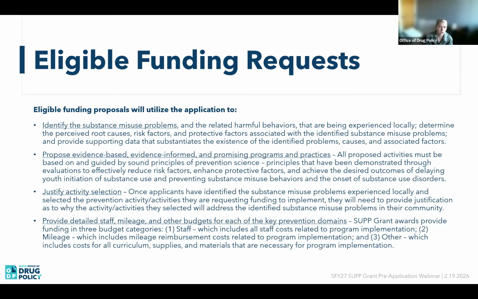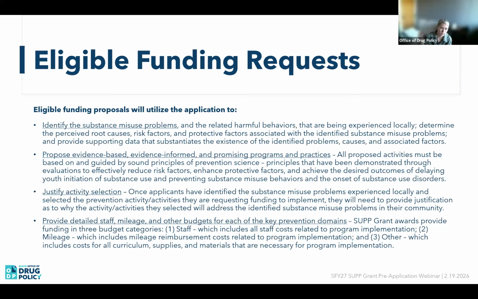Number 2, you will utilize the application to propose evidence-based, evidence-informed, and promising programs and practices. All proposed activities must be based on and guided by sound principles of prevention science, or principles that have been demonstrated through evaluations to effectively reduce risk factors, enhance protective factors, and achieve the desired outcomes of delaying youth initiation of substance use and preventing substance misuse behaviors and the onset of substance use disorders.